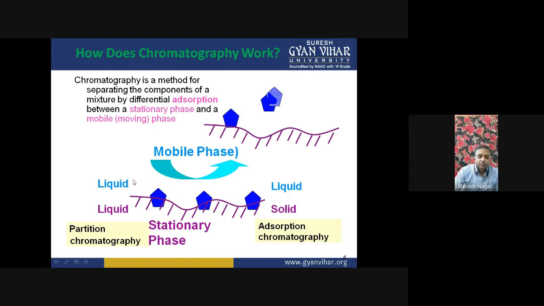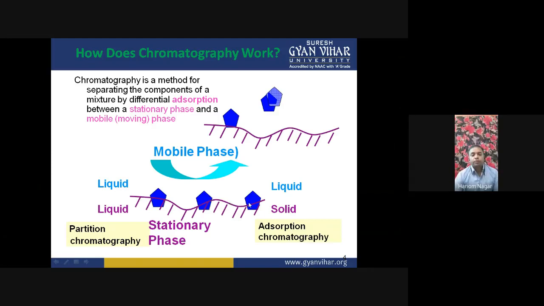Now when we put our sample in the mobile phase, the sample travels on the stationary surface with the mobile phase, and by the interaction of components with the mobile phase and stationary phase, these components migrate at different rates.